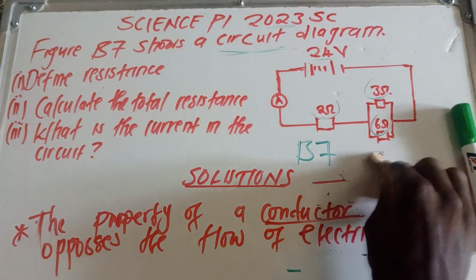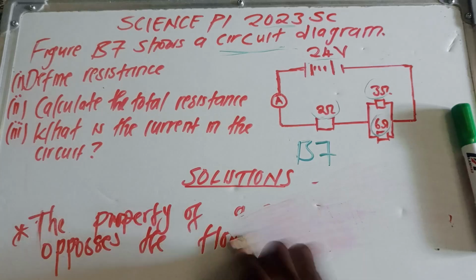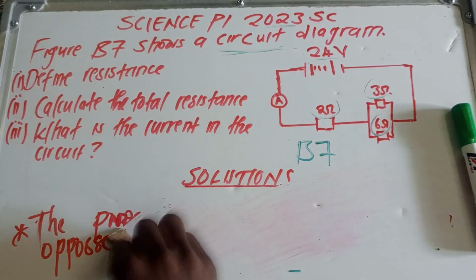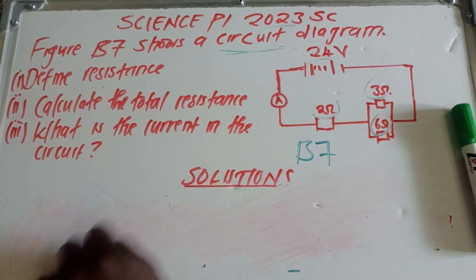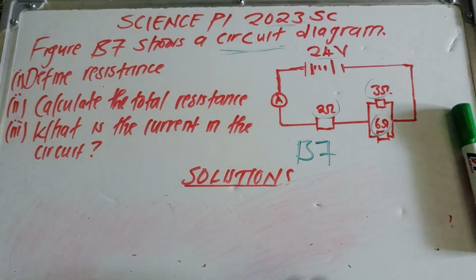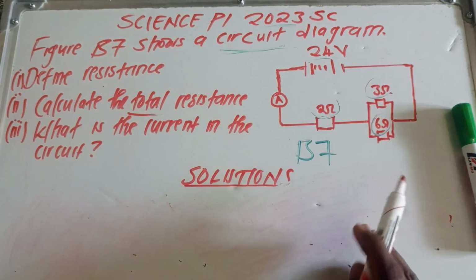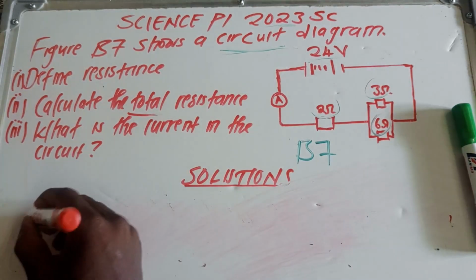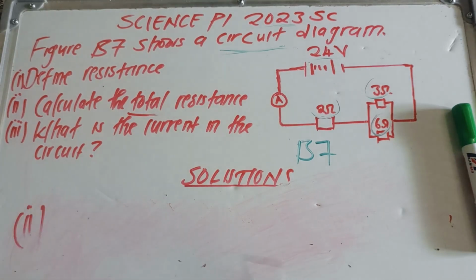Okay, let's go to question 2. On question 2, we have been told to calculate the total resistance of this circuit. So this is where I want you to get it. Before we can calculate this total resistance, there are some concepts which I want you to understand.